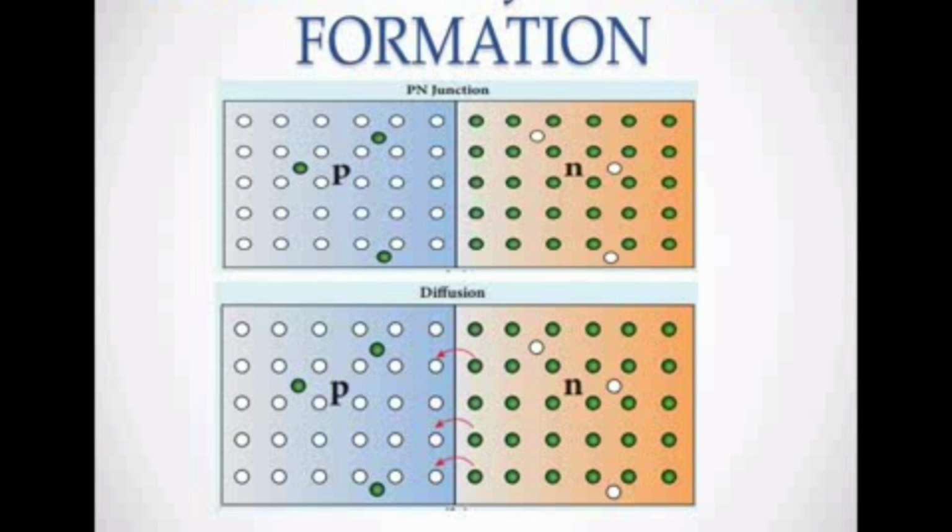The P-type semiconductor material has a large number of holes, that is, positive charges. The N-type semiconductor has a large number of electrons. So what happens when you fuse them together? Electrons move from the negative side toward the holes, and holes move from the positive side toward the negative side.